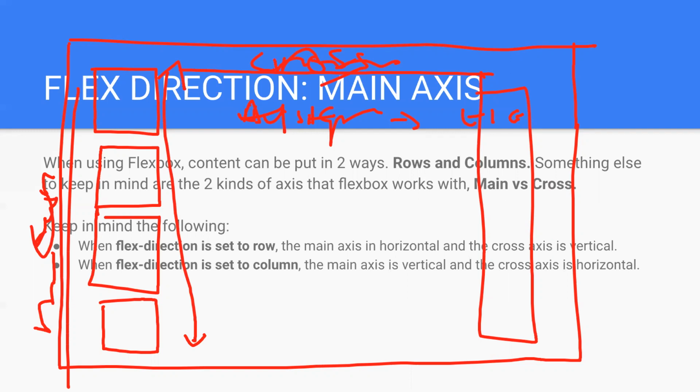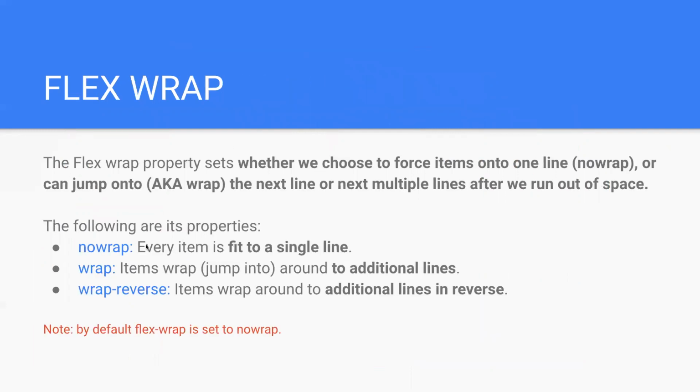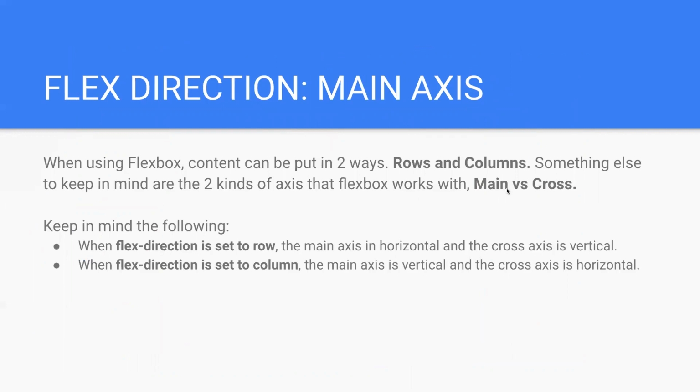So as I wrote down here, when flex direction is set to row, the main axis is horizontal and the cross axis is vertical, right? But when the flex direction is set to column, the main axis is vertical and the cross axis is horizontal.